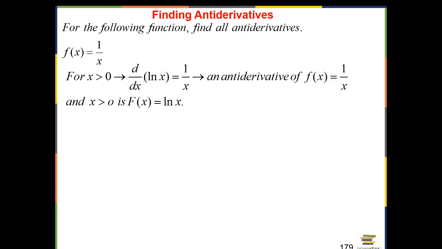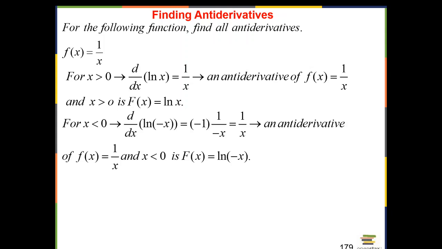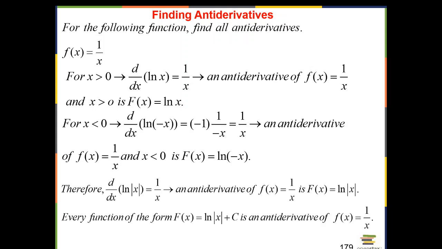So for the following function, find all antiderivatives. Well, for this function, it turns out that if you think about it, we know the derivative of ln x is 1 over x, right? So that means the antiderivative of 1 over x has to be ln x, right? Now we have to take into account whether x is positive or negative, because the domain of ln cannot be negative.